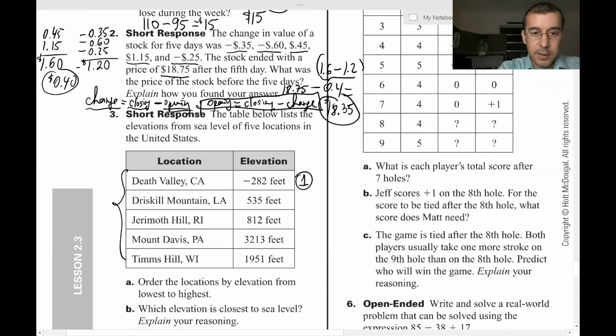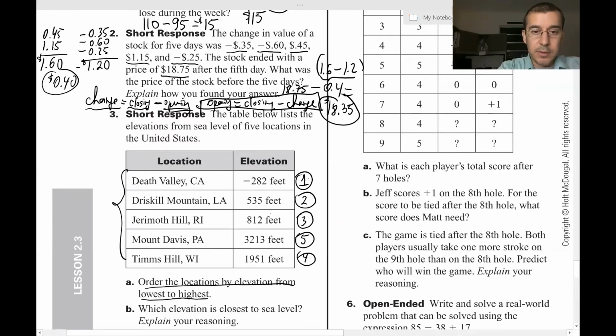Then it's the Driscoll Mountain, 535. Then it's Jerimoth Hill, Rhode Island. Then it's Timms Hill, right? This comes first because this is 1,900. Then it's going to be 3,000. This was going to be number 5, Mount Davis, Pennsylvania. That's how you order the locations, by elevation from lowest to highest.